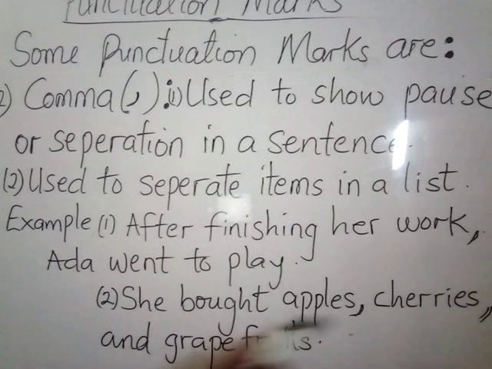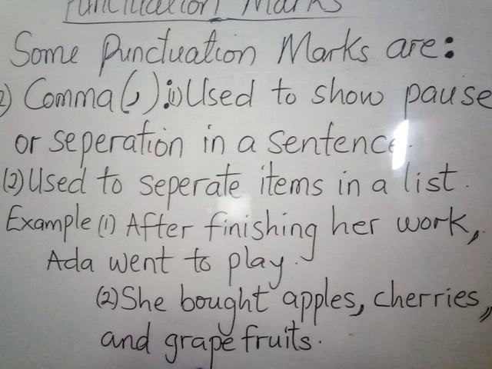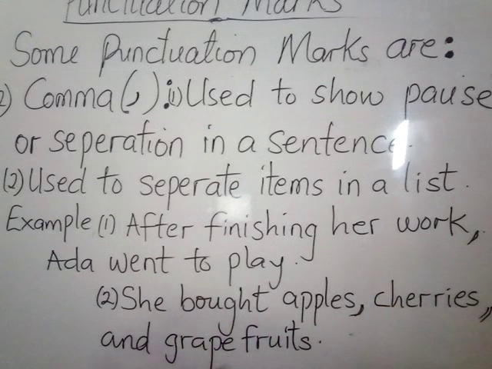So you see the use of comma in listing the items that were bought. She bought apples, cherries, and grapefruits. So those are two of the main uses that comma is put into when it's being used in writing. It has up to 6 uses actually, but for this level we just stick with these 2 main ones. Okay.